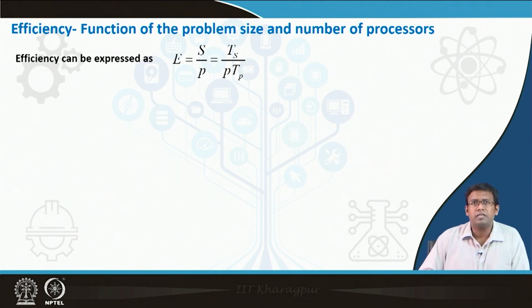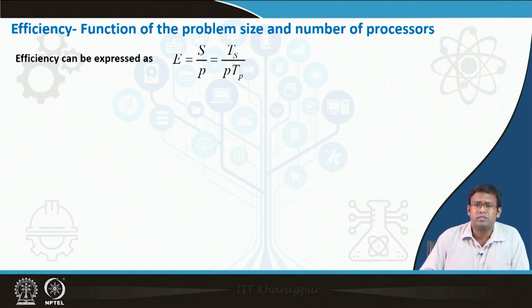Efficiency, we have seen, can be expressed as speedup divided by number of processors. What is speedup? Speedup is the ratio of the computational time required by the sequential program divided by the computational time required by the parallel program, and this is also the ratio of the speed of the parallel program to the speed of the sequential program.